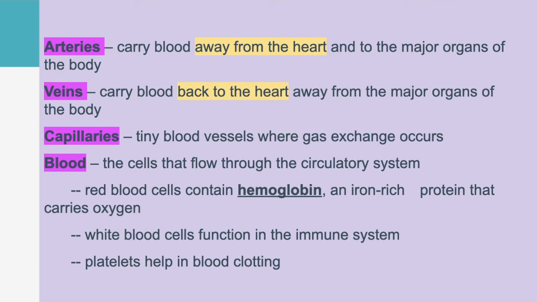You have red blood cells, which contain hemoglobin, which is an iron-rich protein that carries oxygen. You have white blood cells, and they function in the immune system. They will keep us healthy and fight any type of pathogens or infections that may enter our body. And then our platelets help in blood clotting.